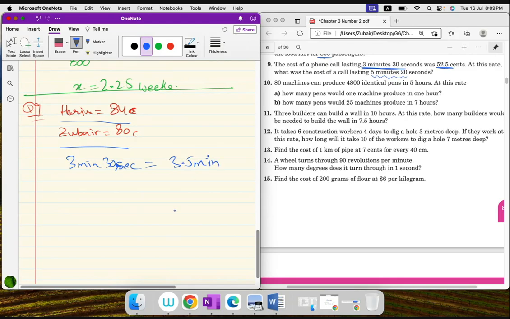First thing, change seconds into minutes. Now we know 3.5 minutes cost 52.5 and 16 by 3 will cost x.